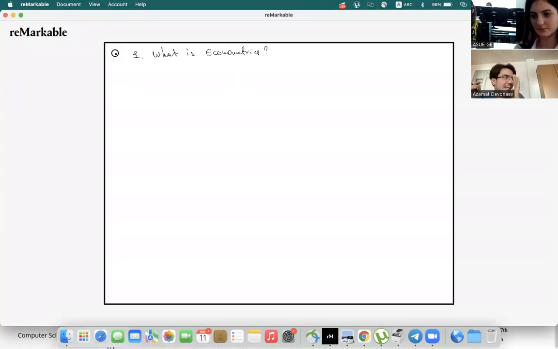I'm not an econometrician, so the econometricians might kill me for this kind of statement, but basically it means you apply statistical methods, the application of statistical models to economic problems.